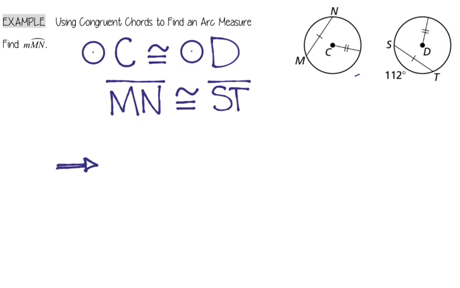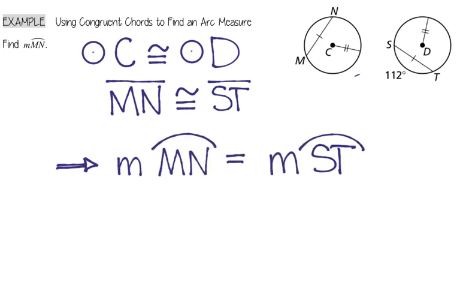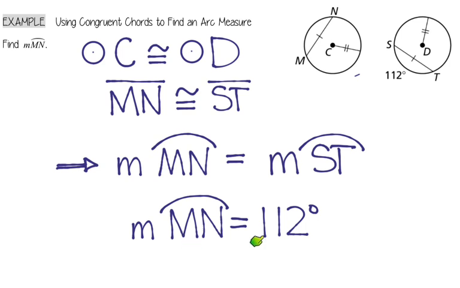Since the circles are congruent, the segments MN and ST are congruent, then the measure of the arc MN must equal the measure of the arc ST, and therefore MN is equal to 112 degrees. This went back to the congruent circles and congruent arc theorem.